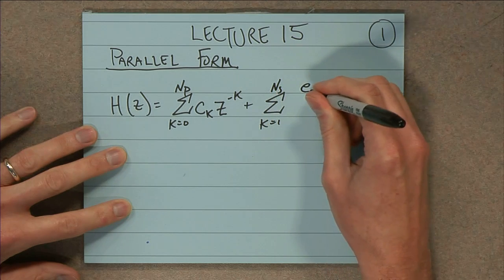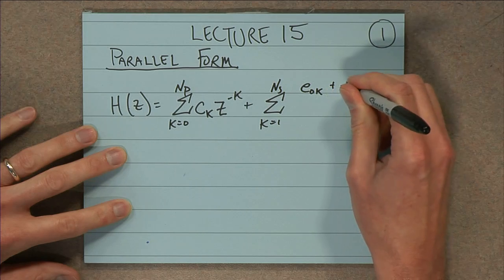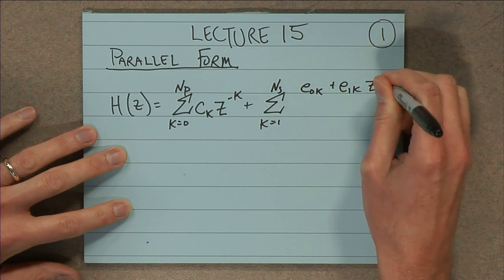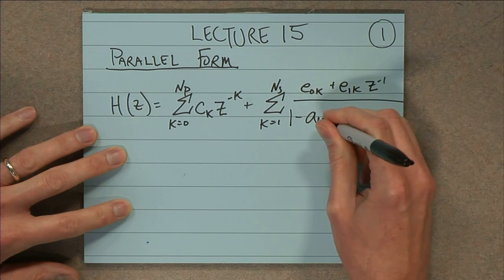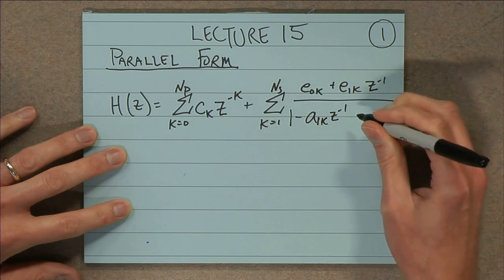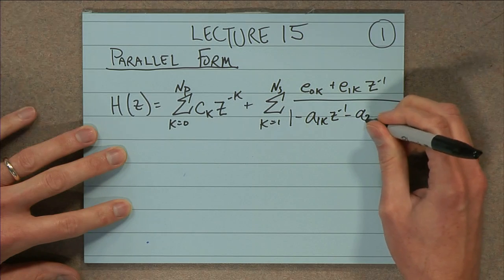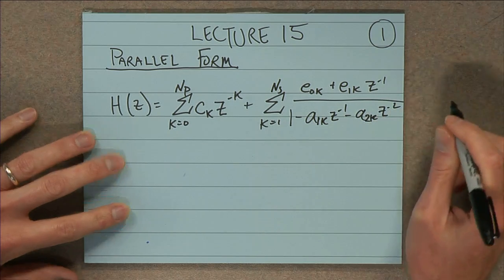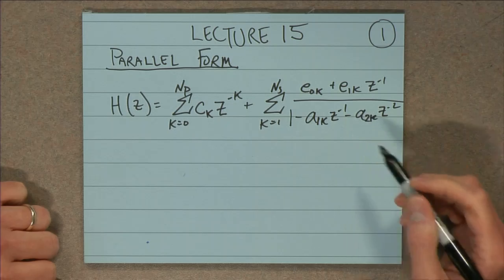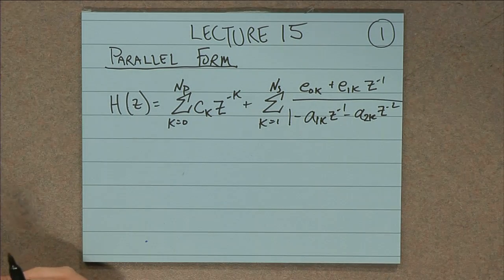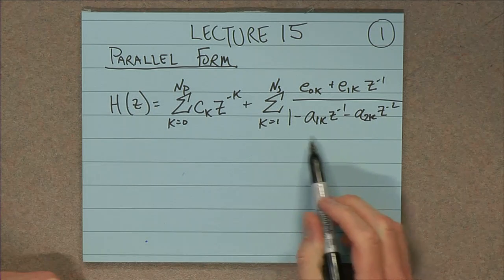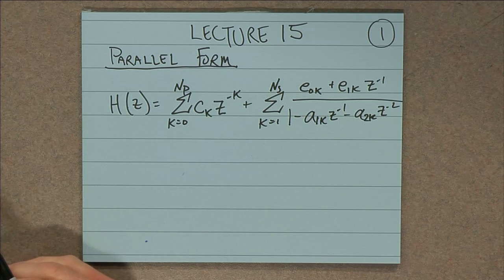E0K, E1K, and so we end up with this expression here. Remember from last time, one of the things that we like to do is break things into second order sections. Now we're not going to prove it rigorously or show it using actual hardware, but it turns out that there are many computational advantages when you divide things up into a bunch of second order sections.